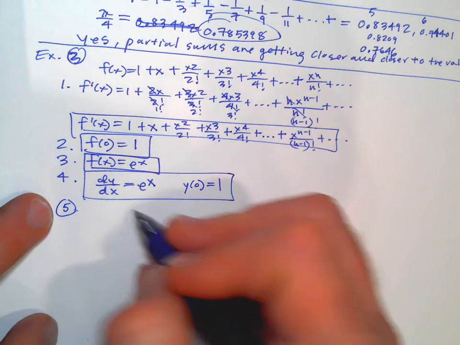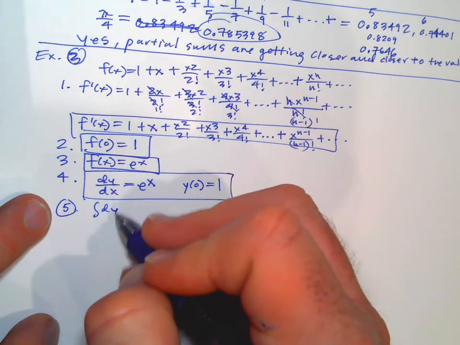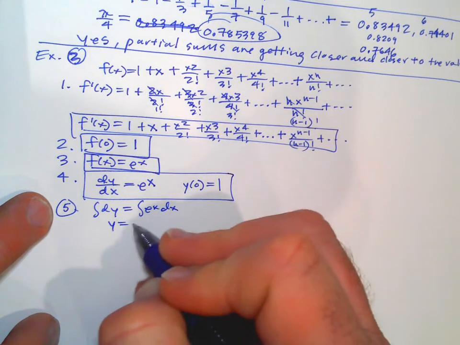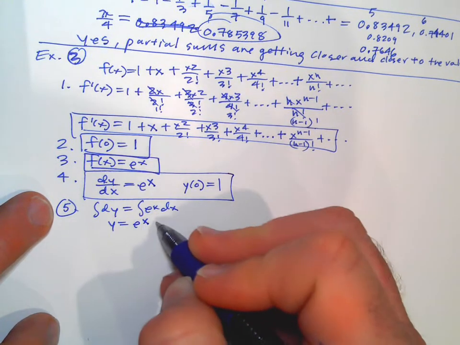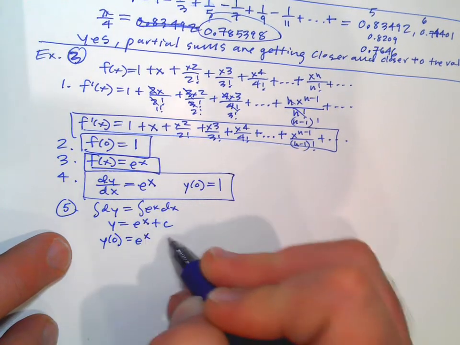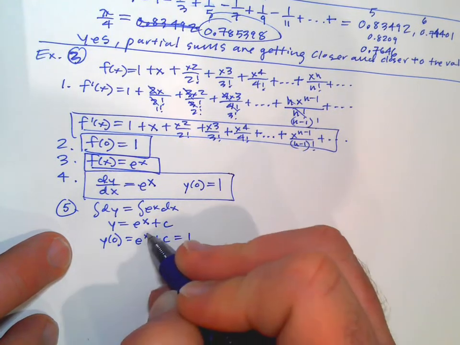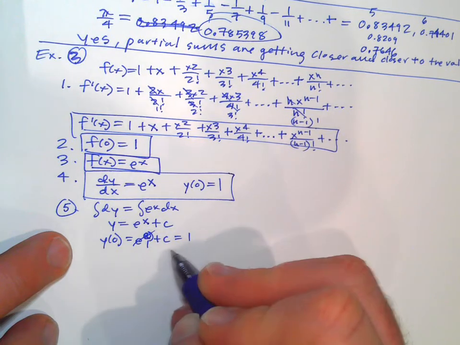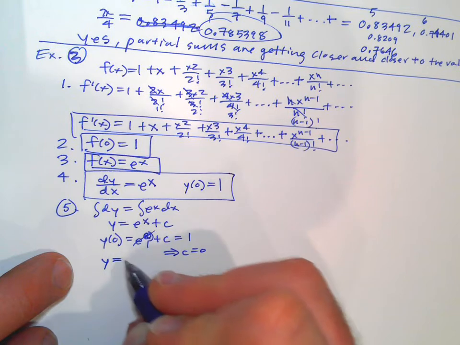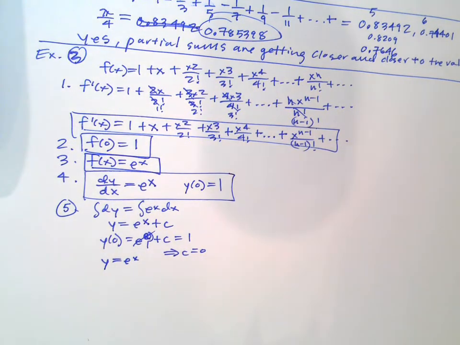Okay, we separate the variables. Use the initial condition. And we get e to the x.